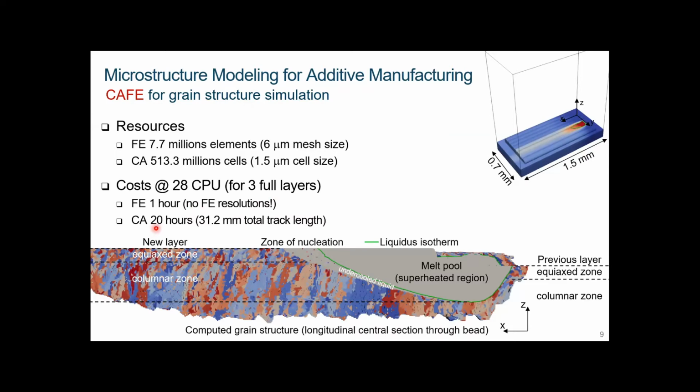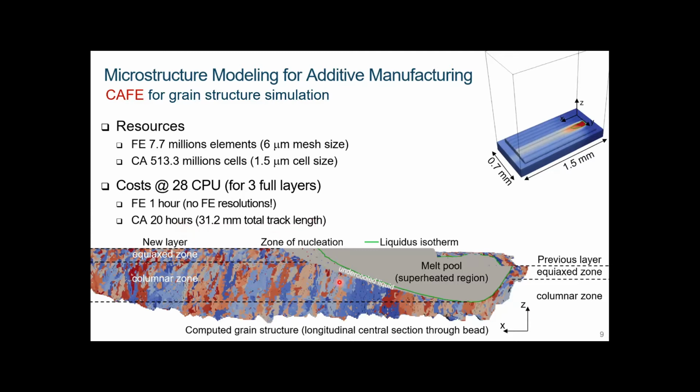And typically, if you want a 31 millimeter track, that corresponded to 3 full layers of a track of 1.5 millimeter length, this was 20 hours. So you are back to about 40 minutes for 1 millimeter simulation.